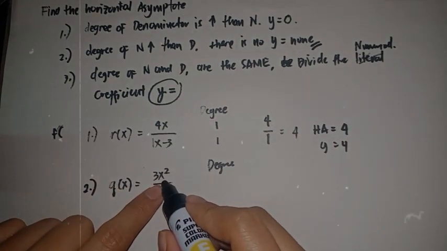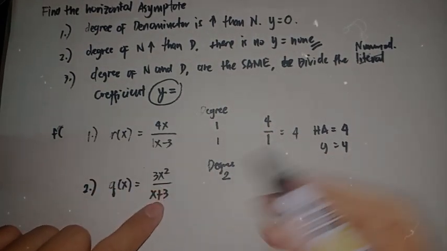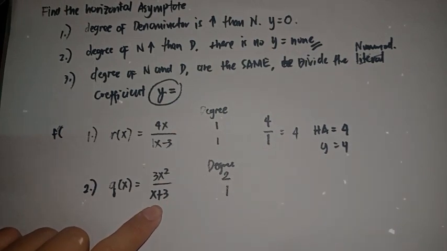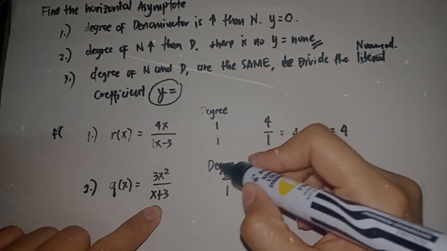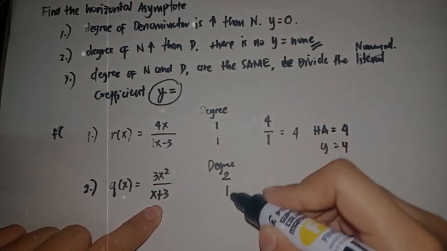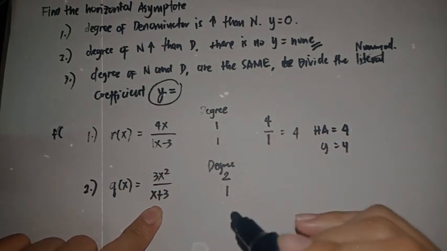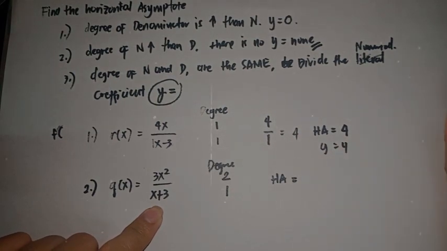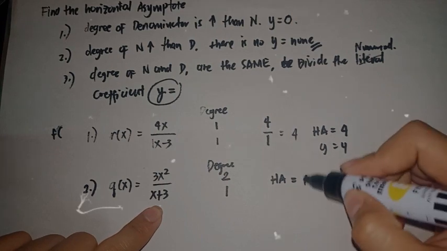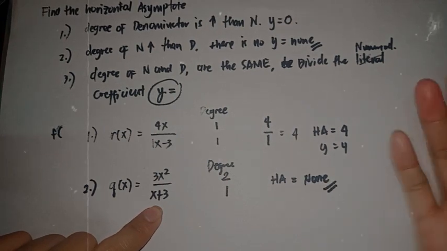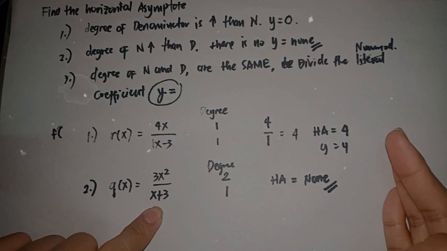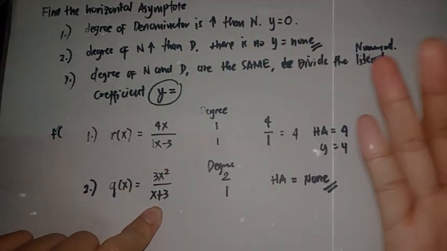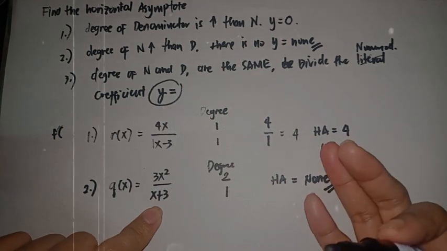The highest exponent is 2, while on the bottom, we have a degree of 1. So the degree of the numerator is higher than our denominator, right? So that means our horizontal asymptote is... Okay, that's good. None. There is no horizontal asymptote, since the degree of our numerator is higher than the denominator.